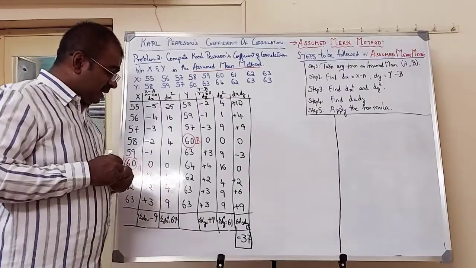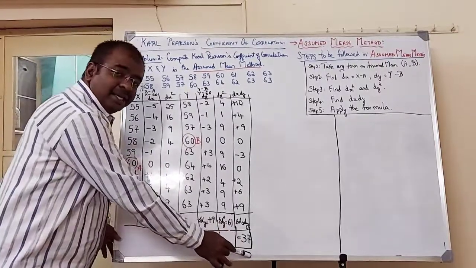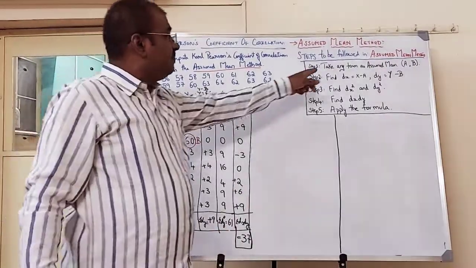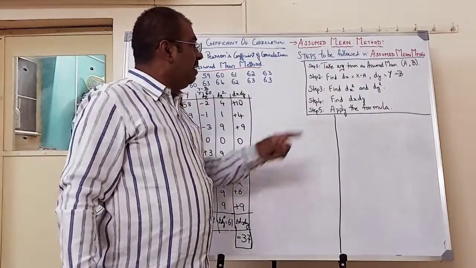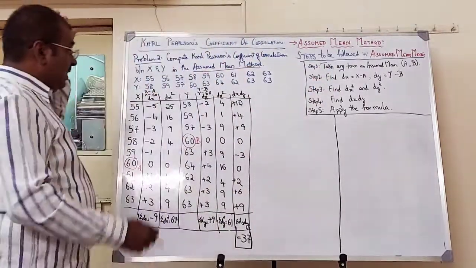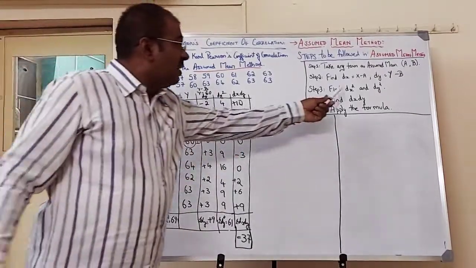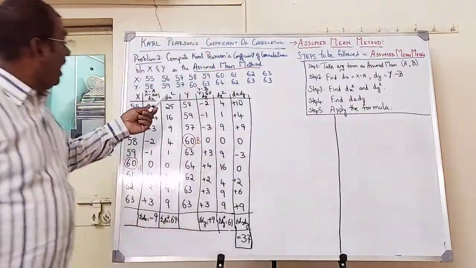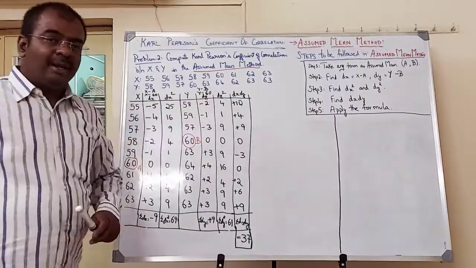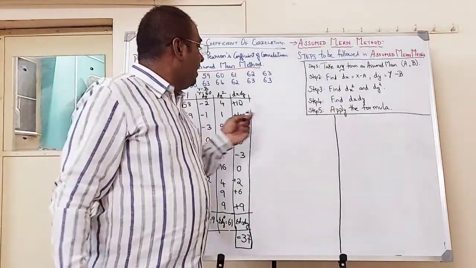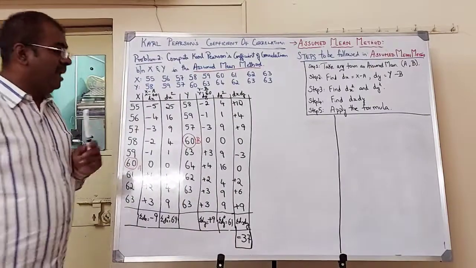With this we have completed 4 steps. Step number 1, taking the assumed mean. Step number 2, calculating dx and dy. Step number 3, calculating dx square and dy square. And finally step number 4, finding out dx dy.